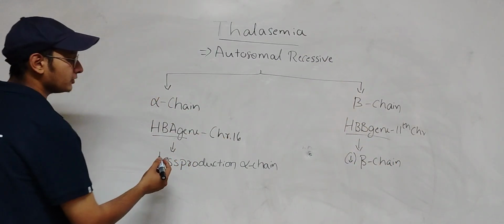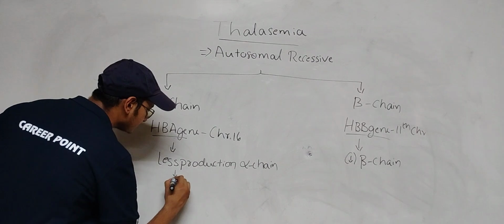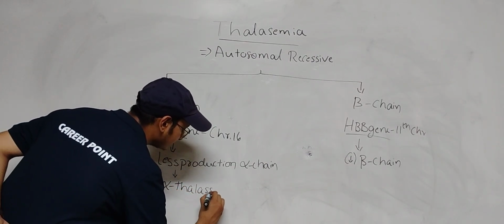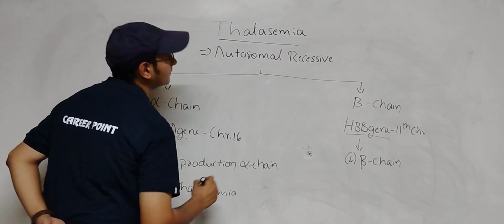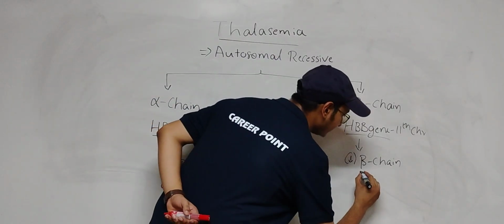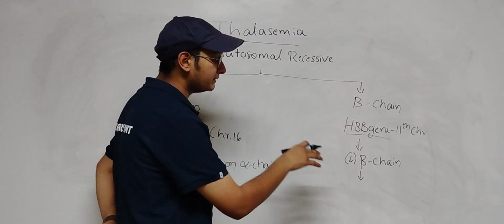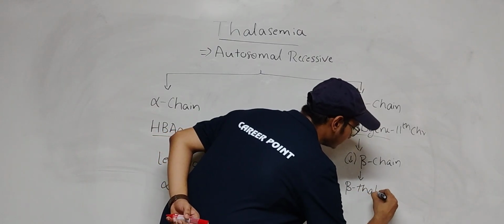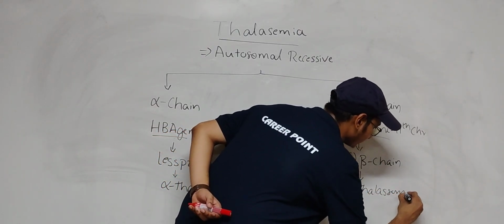When there is less production of alpha chain, it becomes alpha thalassemia. And when there is less beta chain, it becomes beta thalassemia.